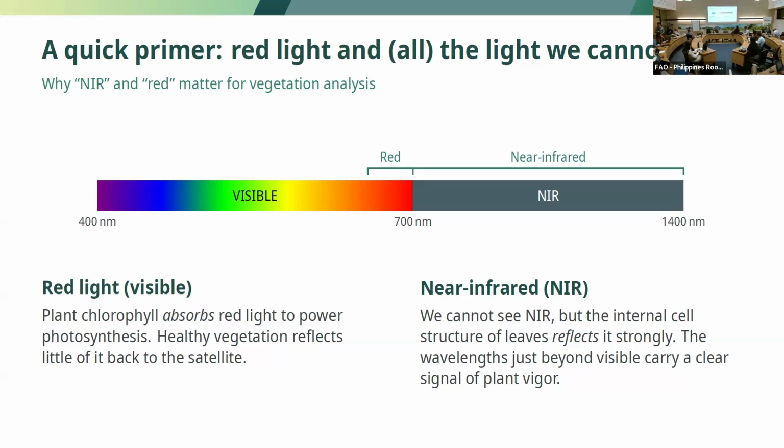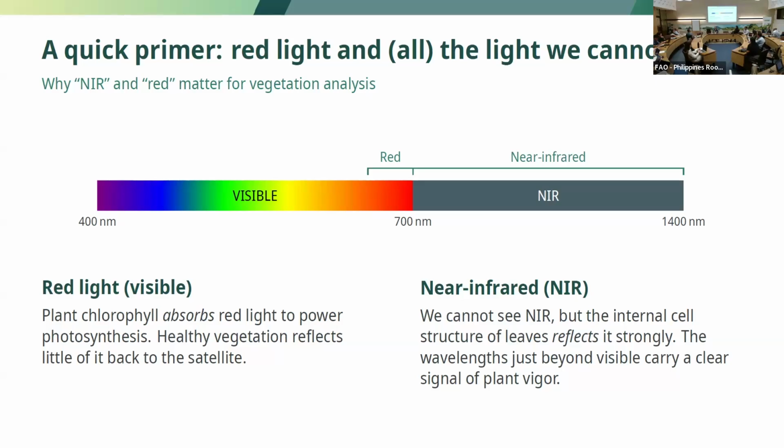And the near infrared, this is part of the light that we cannot necessarily perceive, but a lot of sensors are trained to do. We cannot see the near infrared, but the internal cell structure of leaves reflects it really strongly.